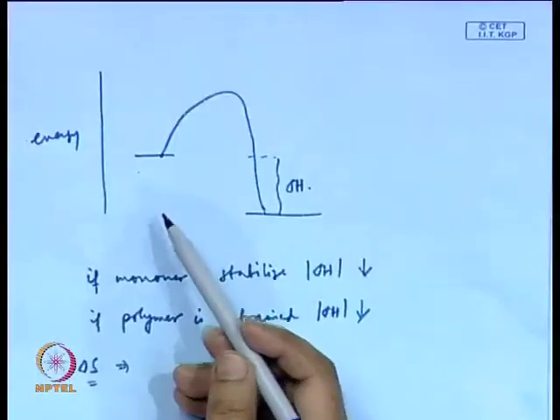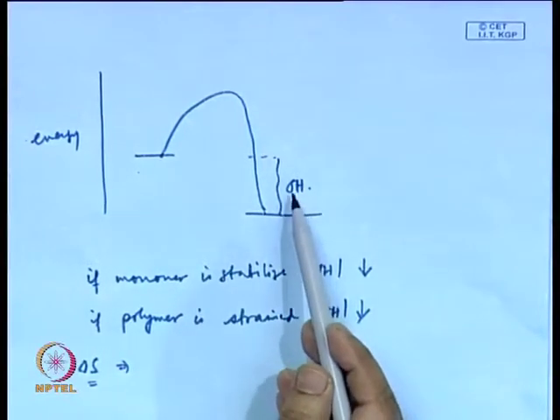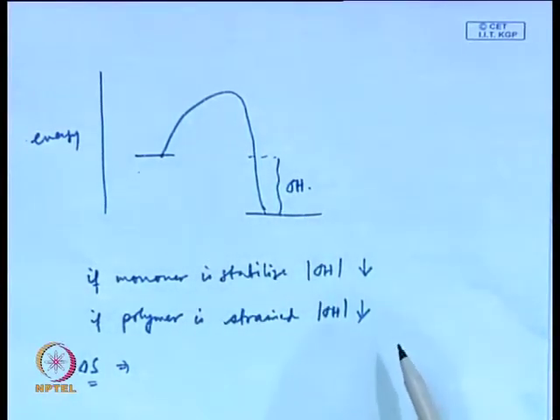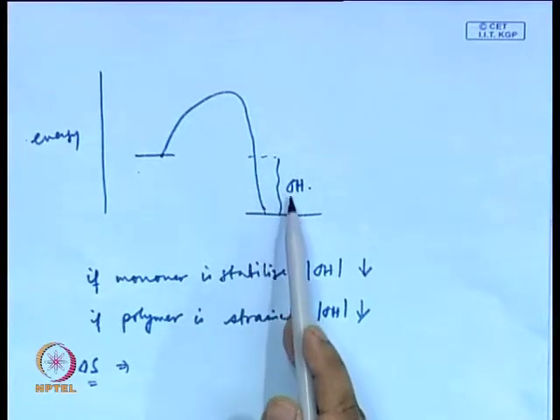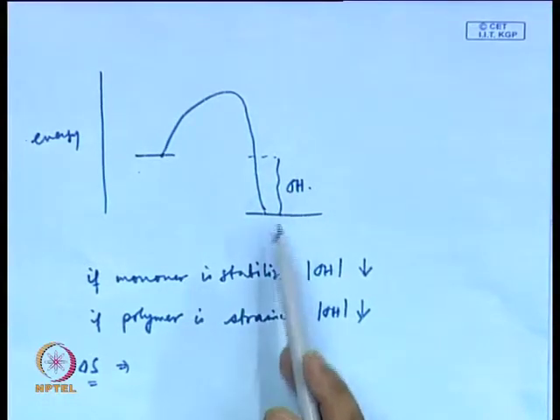If more stabilization means lower value of DelH, which means lower value of Tc, and the higher the strain, that means higher is the energy of the polymer, again the lower is the magnitude of the DelH value.